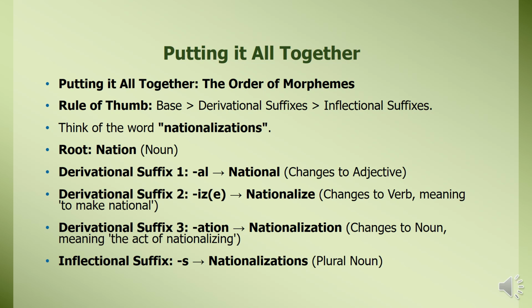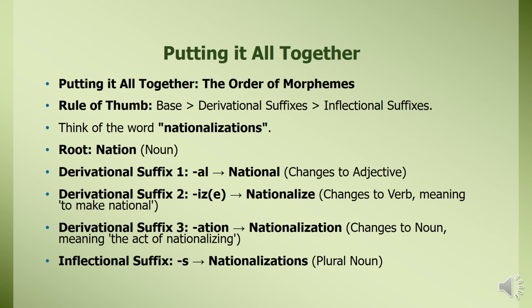Putting it all together, the order of morphemes, rule of thumb: you have the base form followed by the derivational suffix, followed by the inflectional suffix. By saying that it occurs at the edge of the word, it means it's the last suffix that occurs. If the word has a derivational morpheme, then the inflectional one occurs after the derivational.